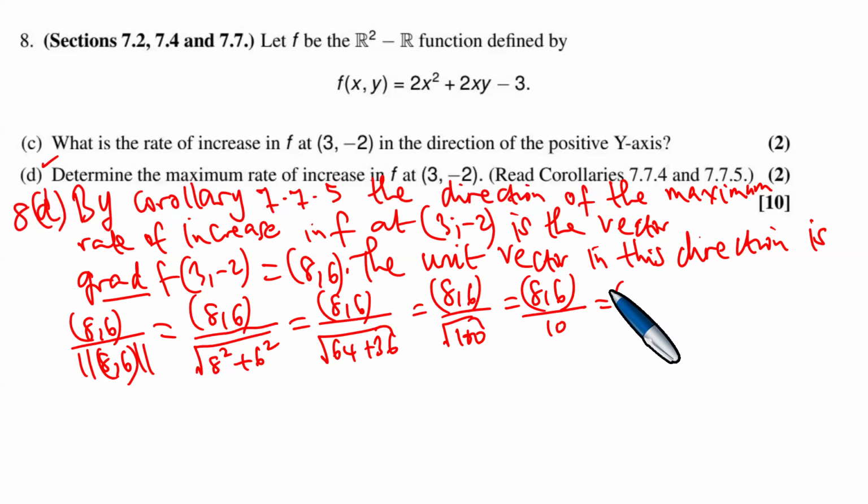Therefore, this is 8 out of 10, 6 out of 10. Simplify: the highest common factor of 8 and 10 is 2, giving 4 out of 5. Dividing 6 and 10 by 2 gives 3 out of 5.